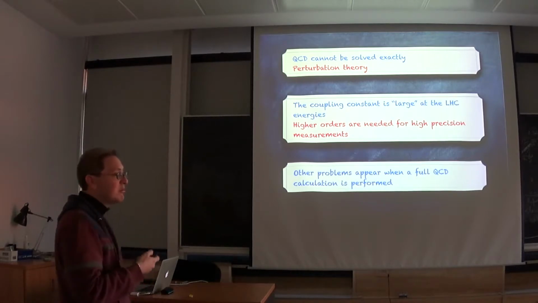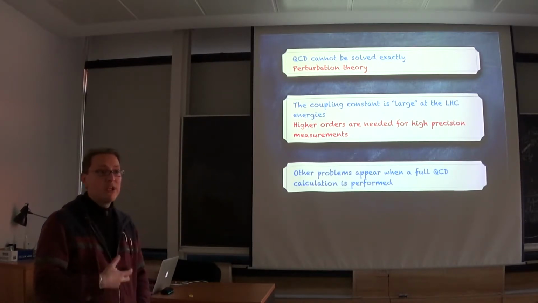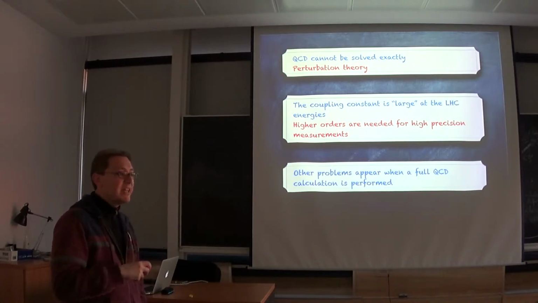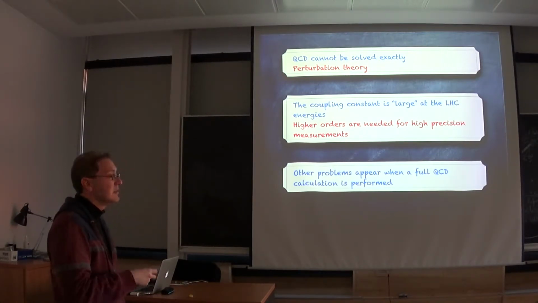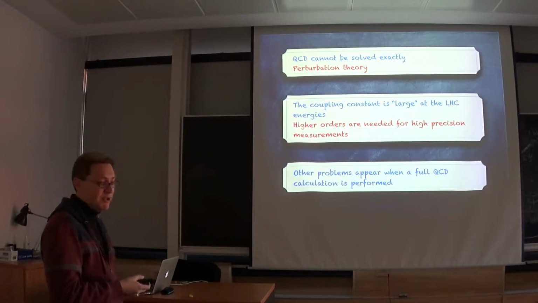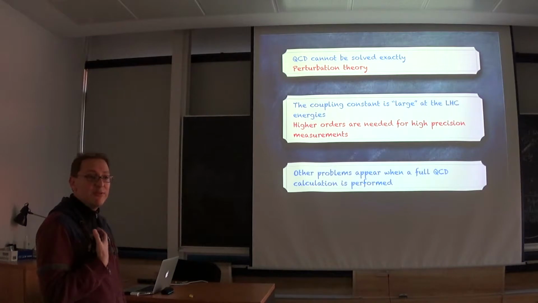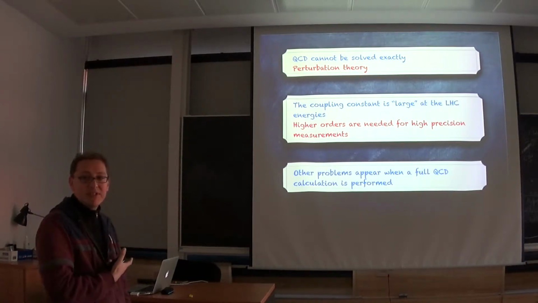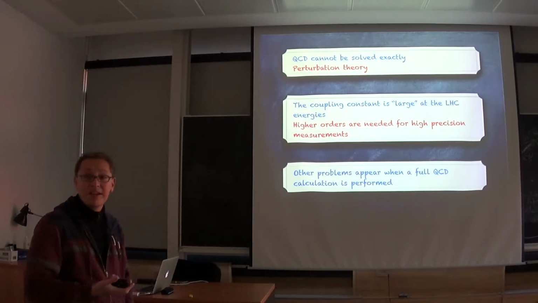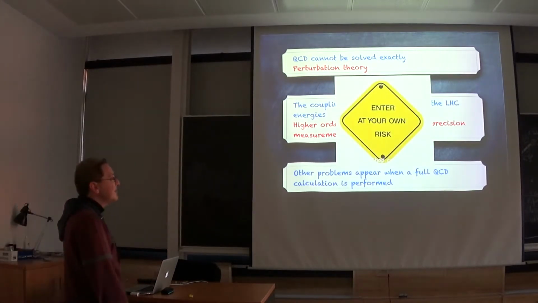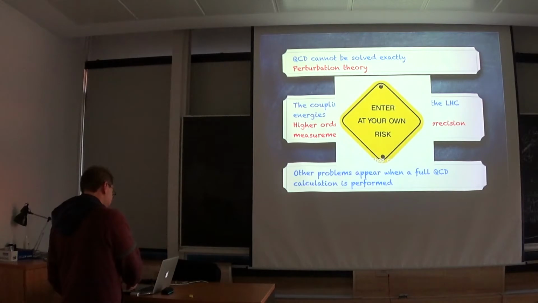And there are other problems, like in the Monte Carlo simulations and all of the analysis made by the theoretical groups, which are really needed for the LHC. If the LHC does not have these calculations, it cannot say anything about physics. So here is the advice: go at your own risk.